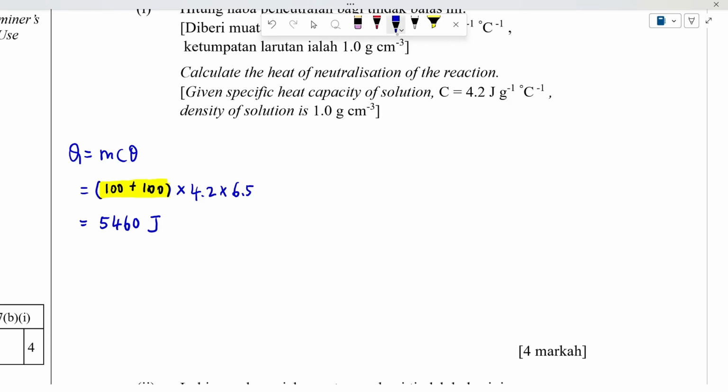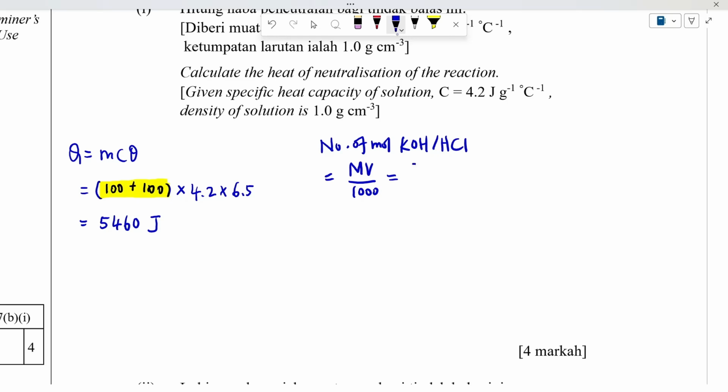Then second one, we can calculate the number of mole. For acid or alkali will be the same. If not the same, we have to calculate both, then choose the smaller number of mole. So MV over 1000. So how is the value of M here?